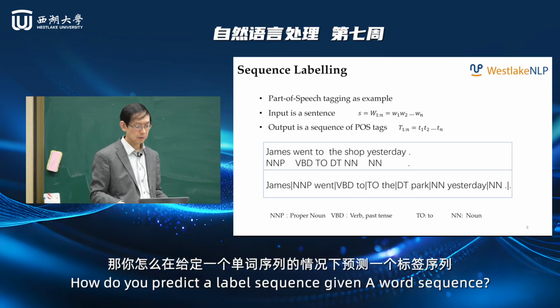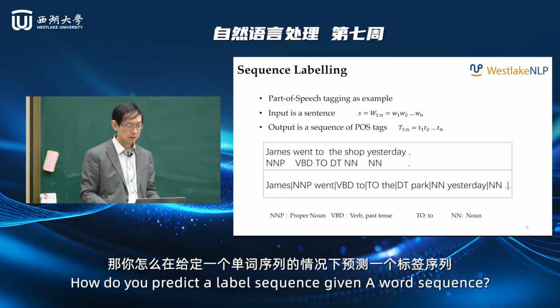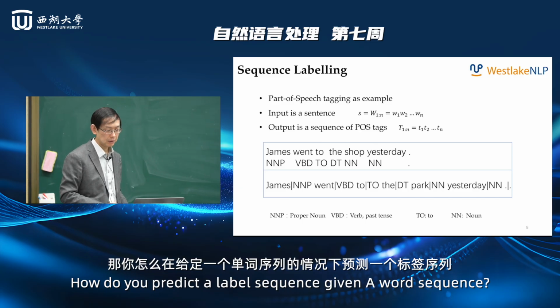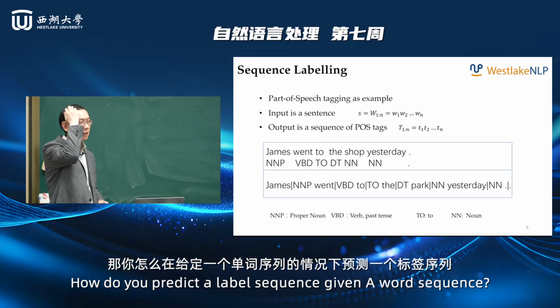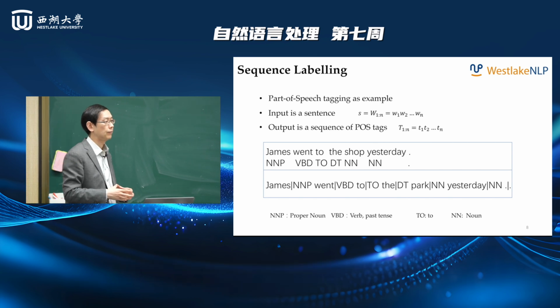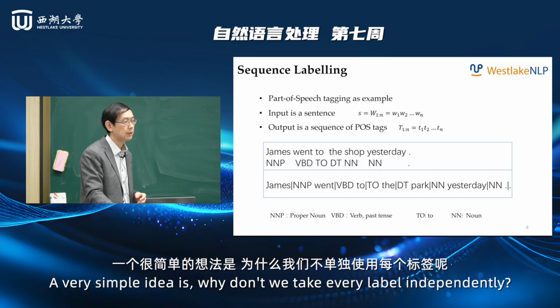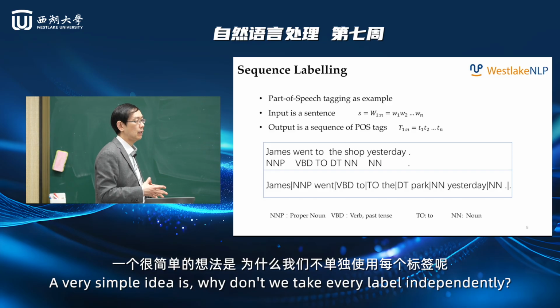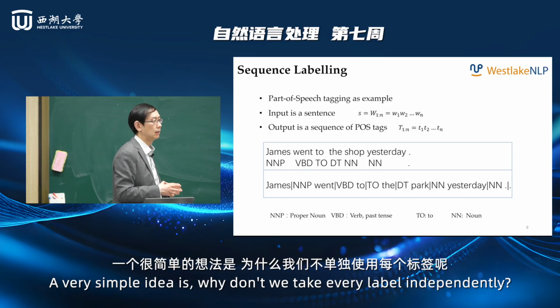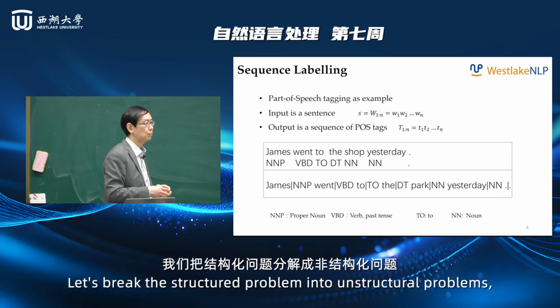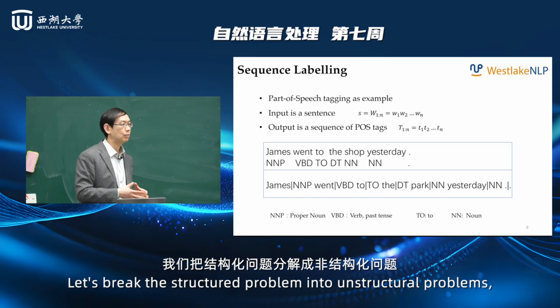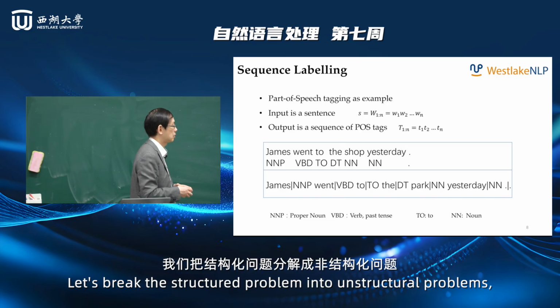So how do you predict a label sequence given a word sequence? Okay, so a very simple idea is, well, why don't we take every label independently, okay? So let's break the structured problem into unstructured problems.